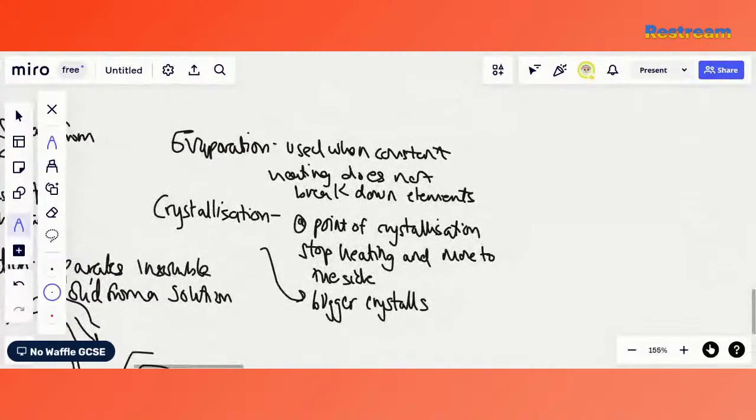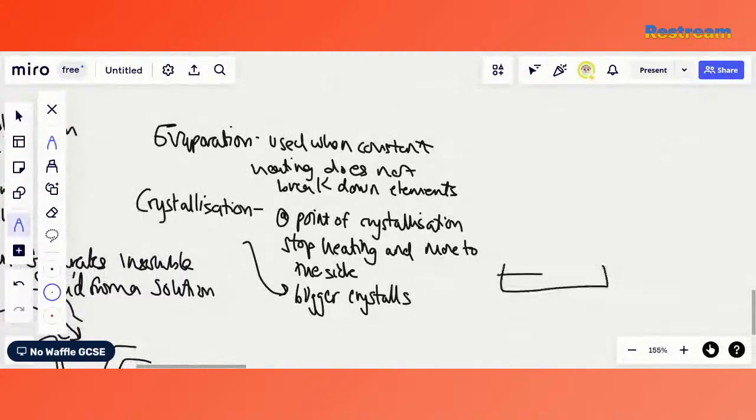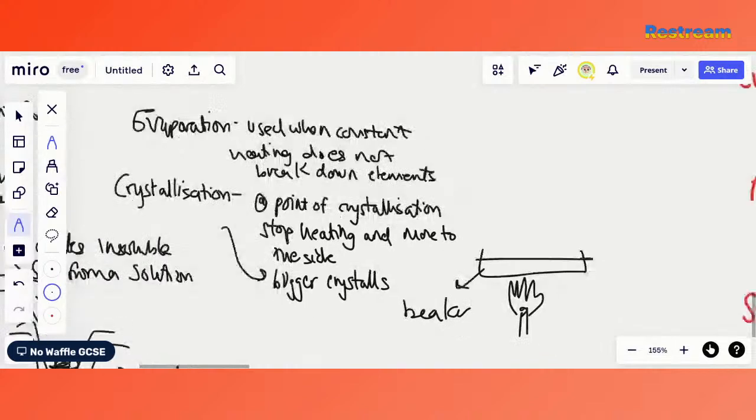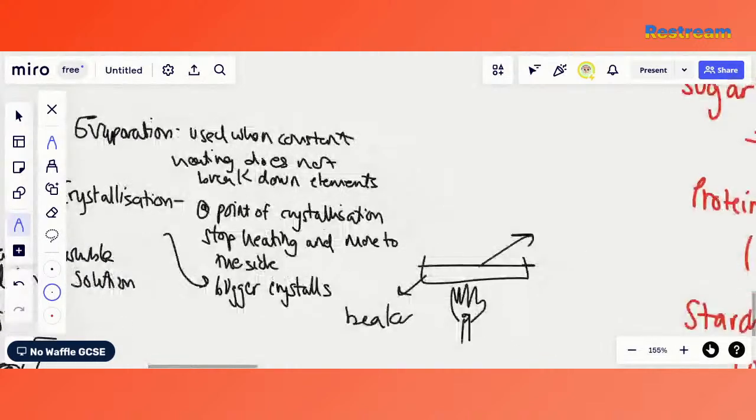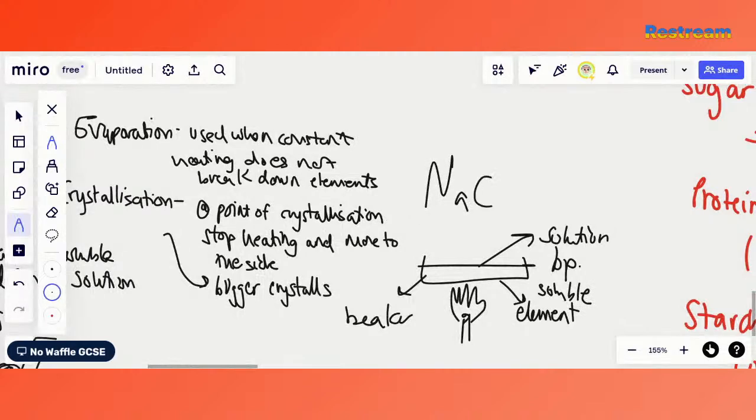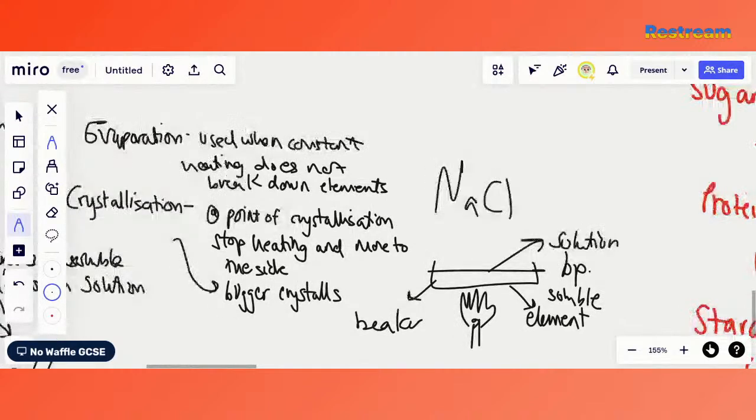So what you do is you place the solution into a beaker, use a Bunsen burner to heat it, and you're heating away the solution at the solution's boiling point, so that eventually you'll just end up with the intended element that is soluble. So this works for salt, NaCl, and many other ones too. Okay, that's enough of the separation techniques.